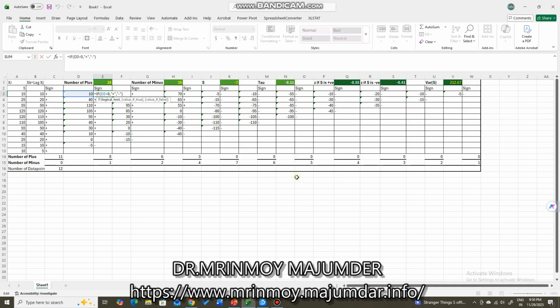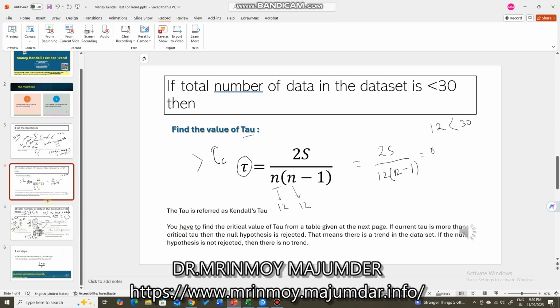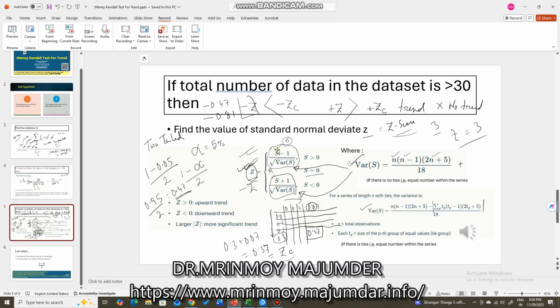If your data points were more than 12, then I would have used the Z value. I would have calculated our Z value. If S is positive, which is not our case, our S is negative, there is a formula for that. This is it.